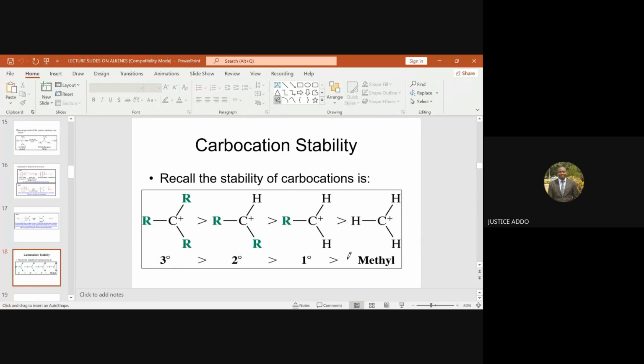Then, based on that, you can arrange them, knowing very well that the tertiary is the most stable, followed by the secondary, and then the primary in that order. So you can even pick some of my questions from last year, and you will see that there's a question on this stability of carbocation, the trend.